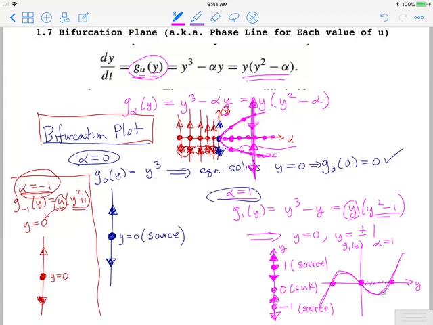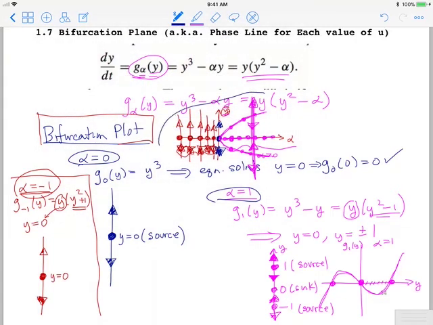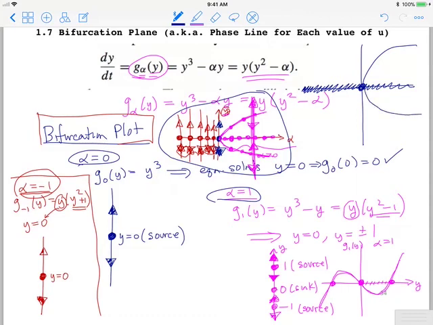Okay. So this is a rough sketch, and if one were to try to draw this a little bit better, okay, one could see that we have equilibria along this line. You have an equilibrium still here, and then there is this shape that was created, the pitchfork, so to speak. Along this branch of the pitchfork, we have sources.